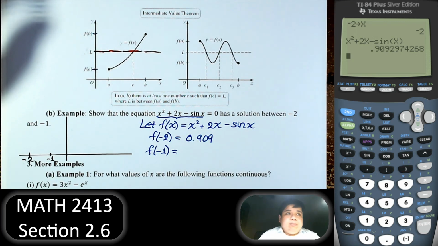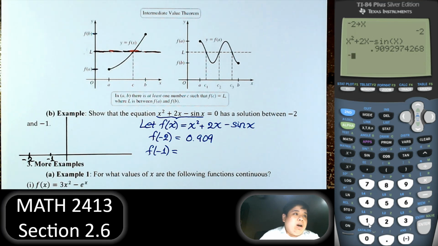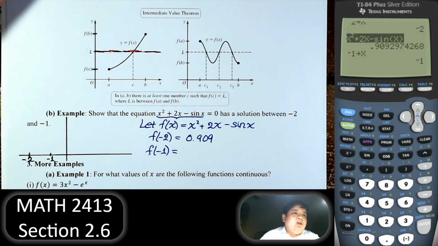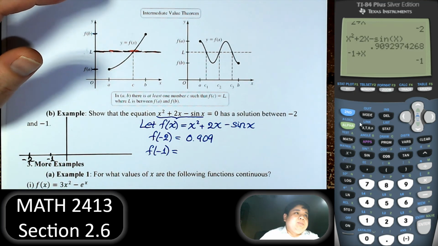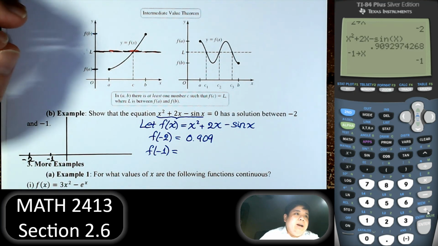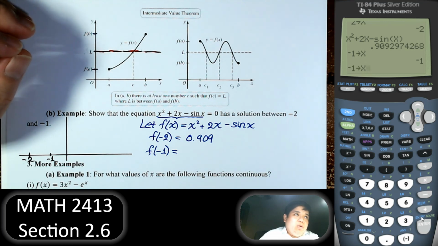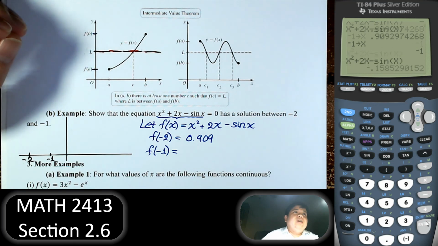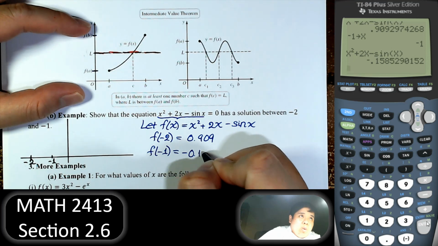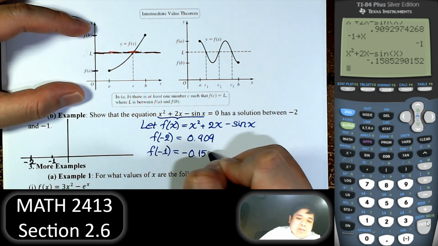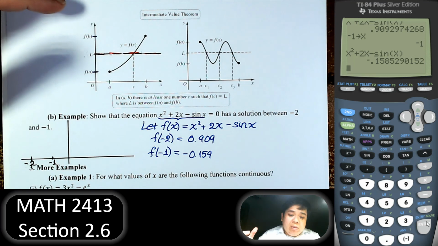Now at -1, I just do -1 store into x, and either you hit the arrow to go up to that function and hit enter, so we copy and paste it down, or if you are at this step, hit second enter. It will give the last entry, second enter one more time. That's the function, and you have -0.159.